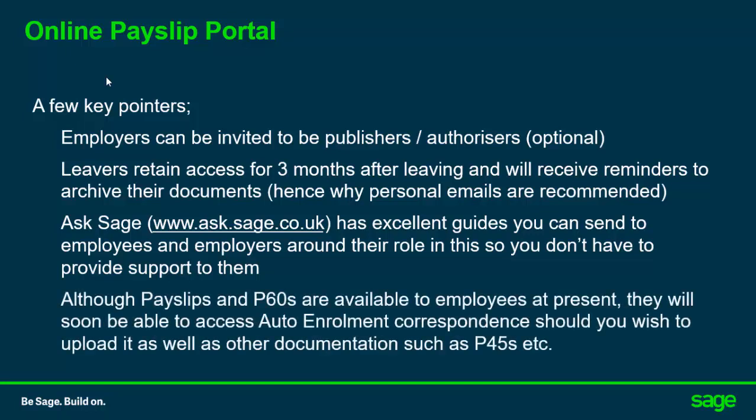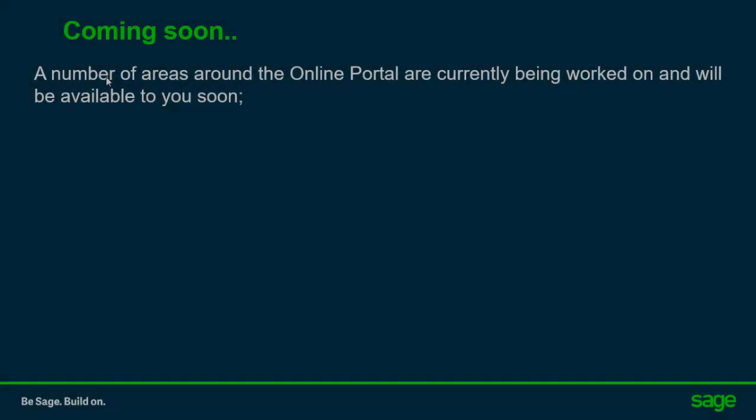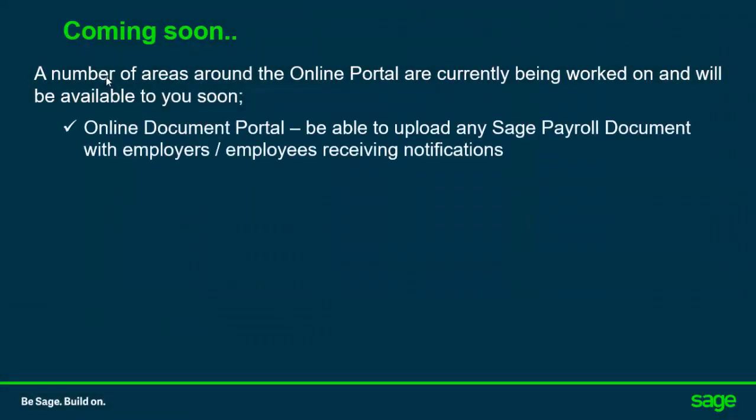Although Payslips and P60s are already available to employees, they will soon be able to access auto-enrolment correspondence too, should you wish to upload it, as well as other documentation such as P45s. Coming soon to the software, the online document portal will allow you to access any Sage payroll document, with employers and employees receiving notifications.